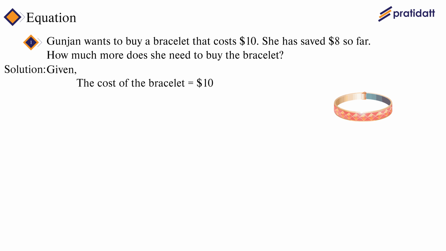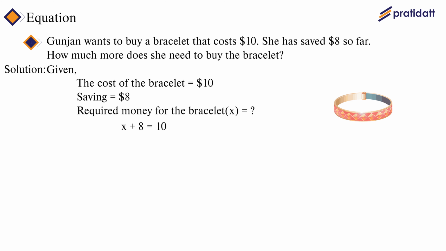Given the cost of the bracelet is $10, saving equals $8. To find the required money for the bracelet, variable x. So let's see. The equation is x plus 8 equals 10.